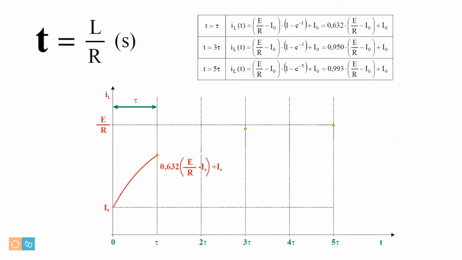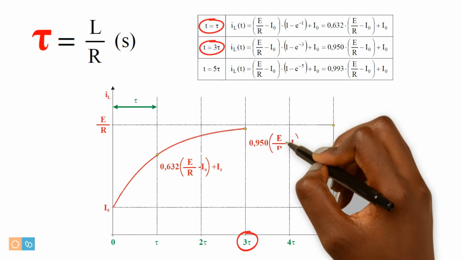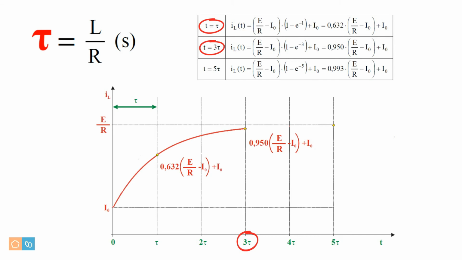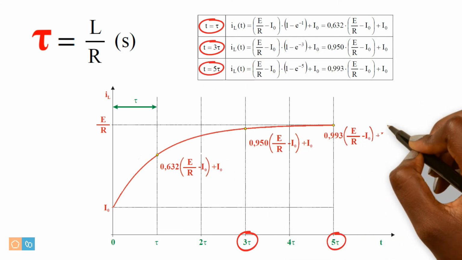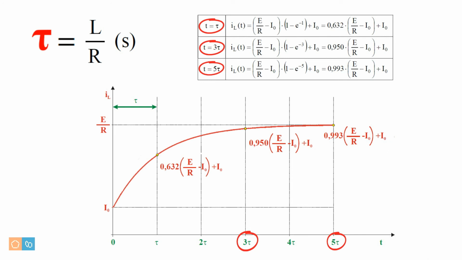This time period L divided by R is called time constant, which is represented by the letter tau. After 3 times tau, the current in the inductor reaches 95% of the value referred. And after 5 times tau, it reaches 99.3% of the value referred.